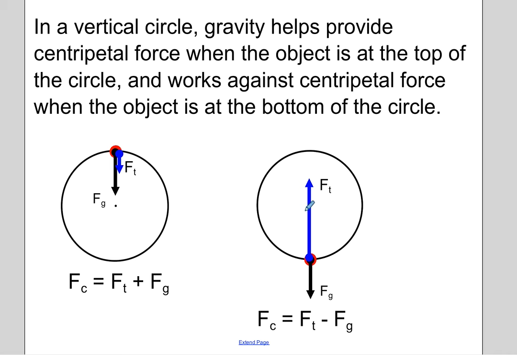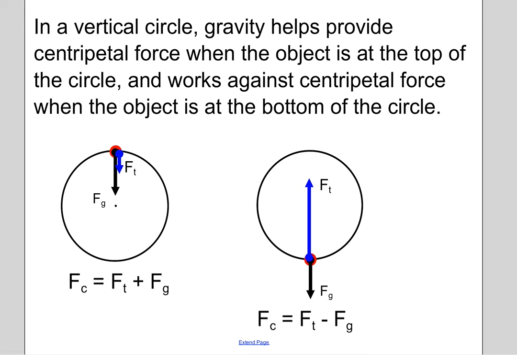We need enough force heading toward the center of the circle to provide centripetal force, but gravity's heading the other way, so it's working against us at the bottom. So at the bottom of the circle, the centripetal force is equal to the tension force minus the force of gravity. Notice the difference between top and bottom. It's really just a difference of gravity's direction. You're going to add it at the top, and subtract it at the bottom.